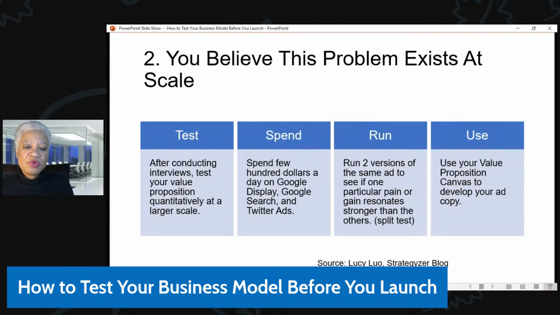So you're going to spend a few hundred dollars on platforms like Google Display, Google Search, Twitter ads, LinkedIn, Instagram. The medium that you use to actually run these ads is going to be contingent on who you're trying to reach. Different demographics use different platforms differently.